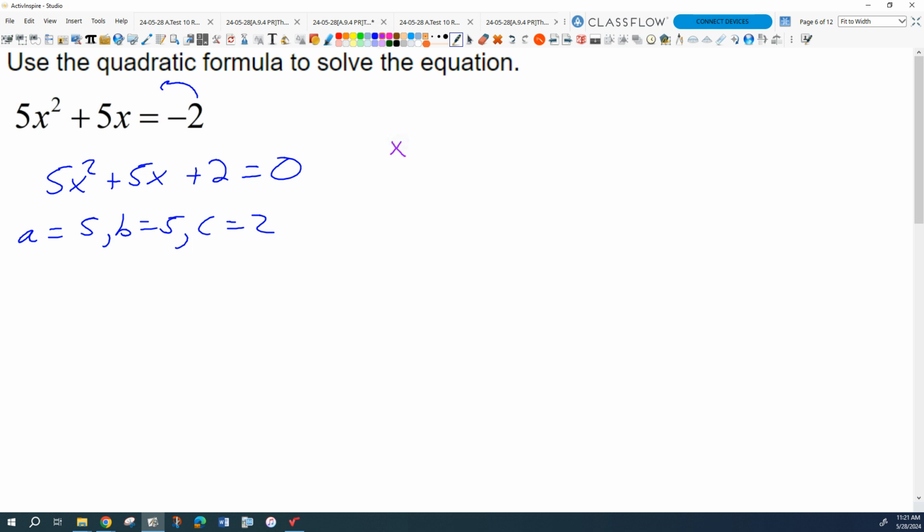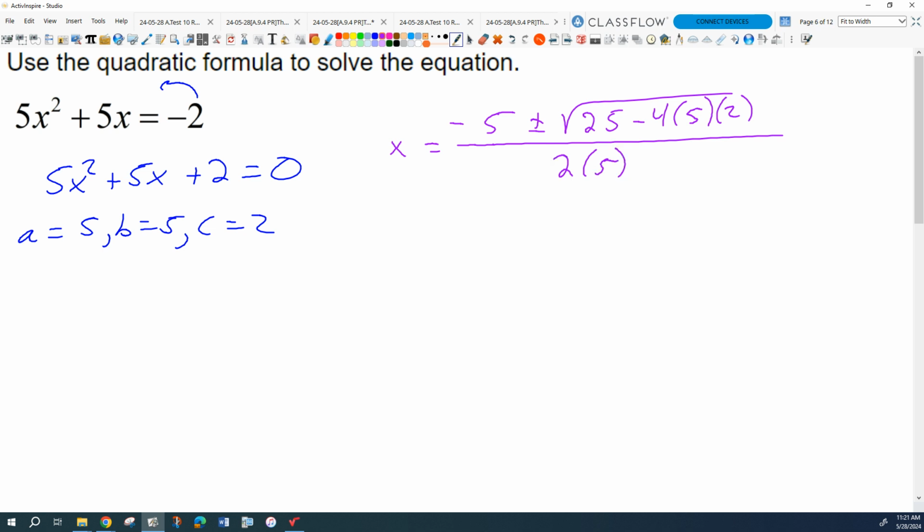So x equals negative 5 plus or minus the square root of 5 squared, so that's 25, minus 4 times 5 times 2.